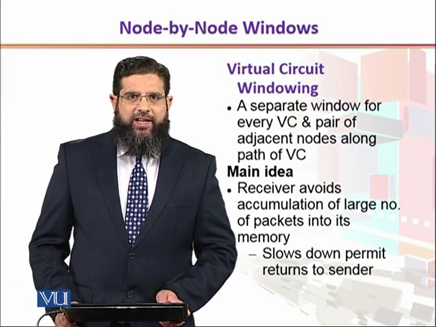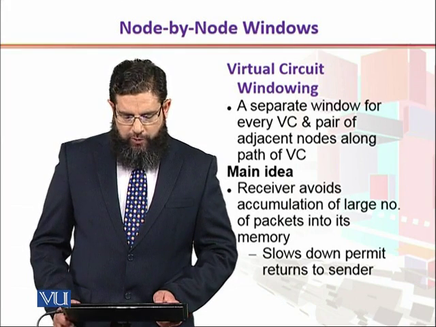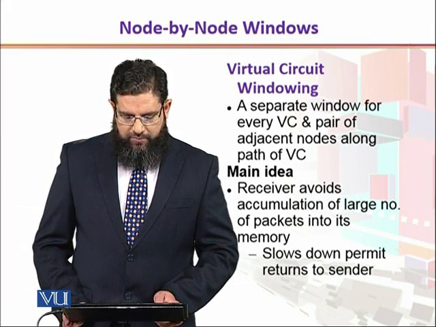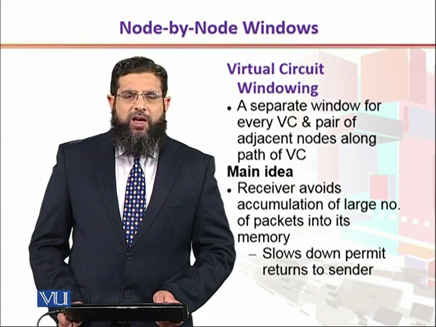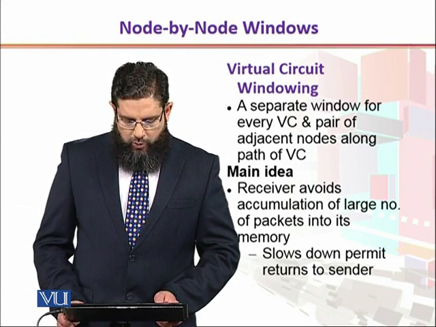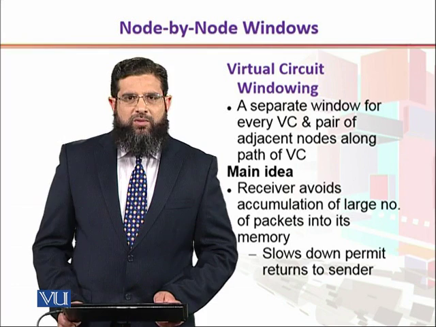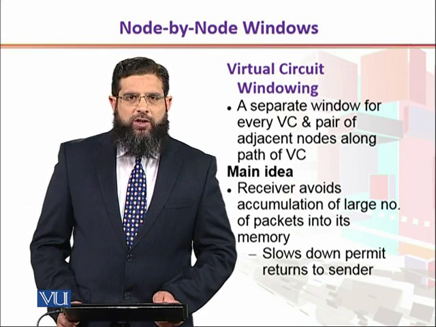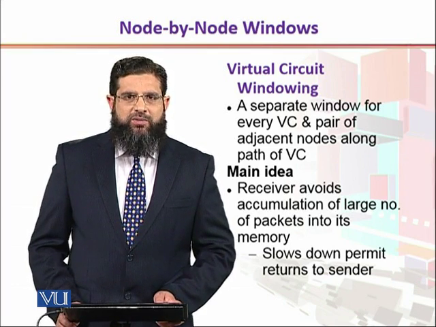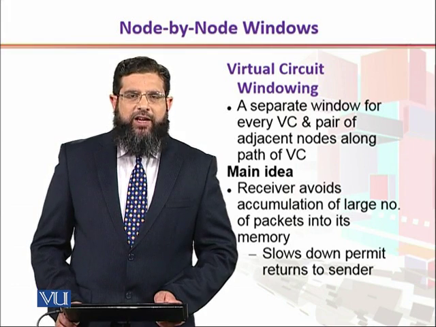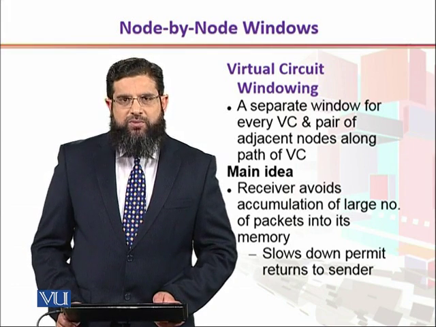The principal idea in node-by-node virtual circuit windowing is that the receiver avoids a situation where its own memory falls short of the incoming packets, so that it does not have to drop the packets.